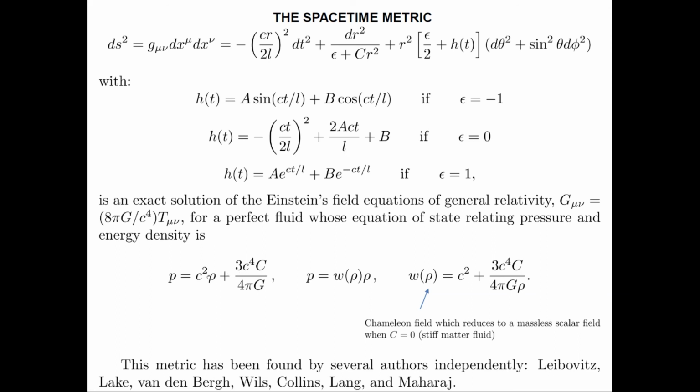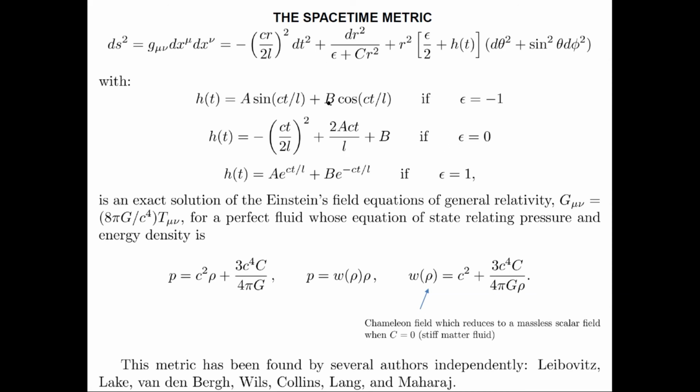In fact, when the energy density rho is 0, the pressure may be not vanishing thanks to this constant C. In general, we can recast this equation of state as an effective energy-dependent equation of state parameter multiplied by the energy density. So here we have what has been called a chameleon field.